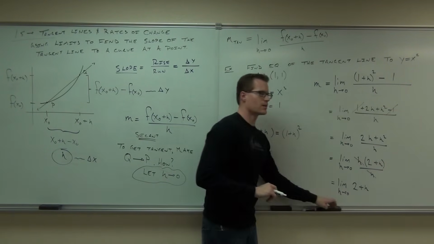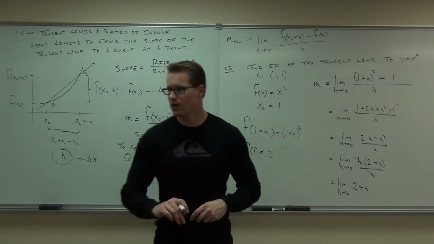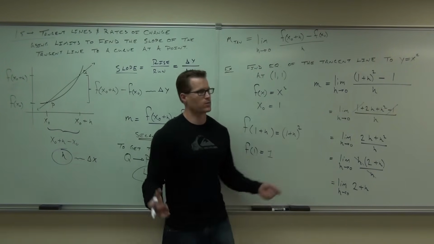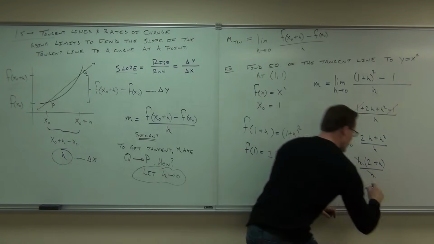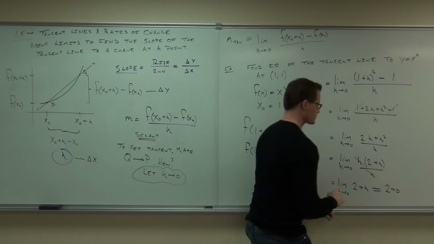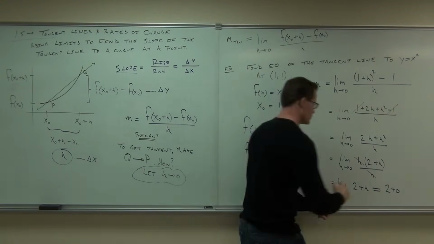Notice how I'm still writing the limit. Anytime you have an h, you're going to write the limit. Now, am I okay to evaluate this limit as h goes to 0? Yeah. Now we're fine. We have no issues. Now you stop writing the limit. You write 2 plus 0. 2 plus 0 is, of course, 2.